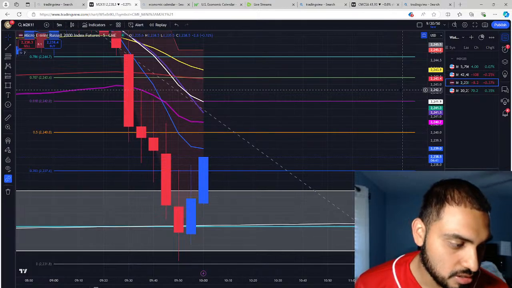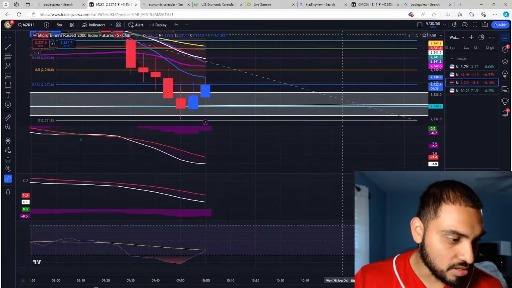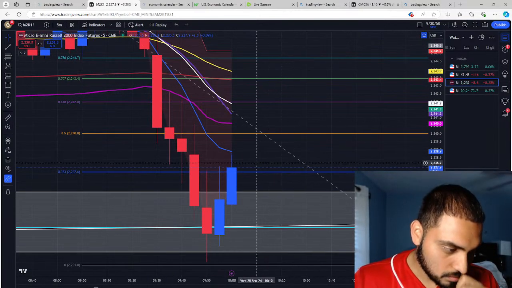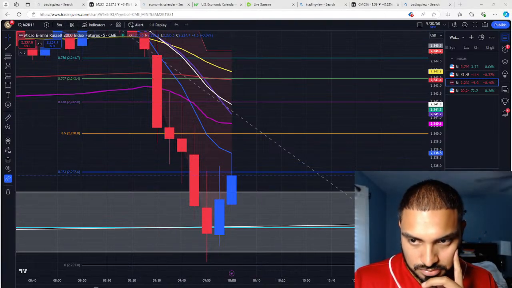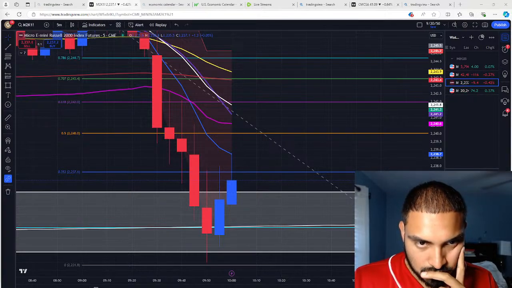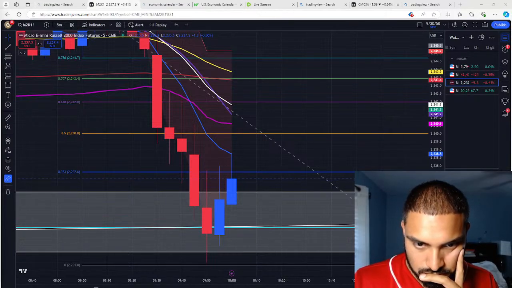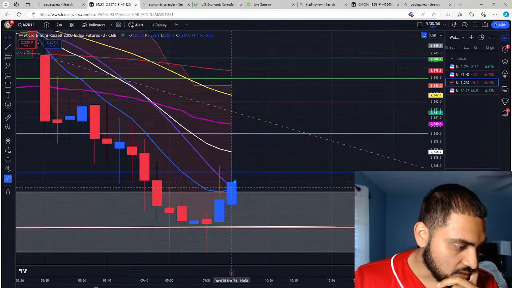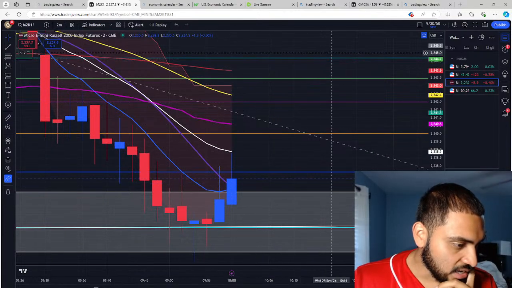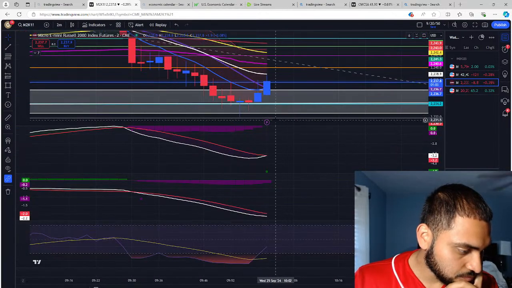Okay, here's a little bit of a pop right there. Trend is still down. The trend is your friend. Hit that 9 EMA. Let's come back to the 2 minute. Hit the 20. It's passing that whole moving average.